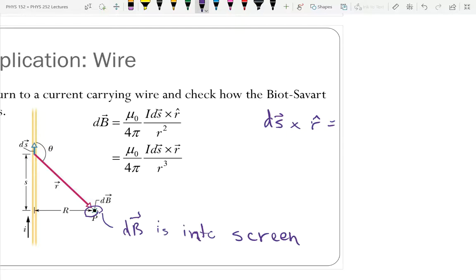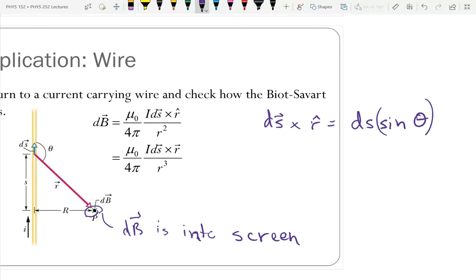Cross product is multiplying which parts? Perpendicular. So what we do is we just take ds times, what's the magnitude of r hat? 1. So we just drop that off, times sine of the angle between the two, which is defined here as theta. So that part was easy, but theta is going to change.